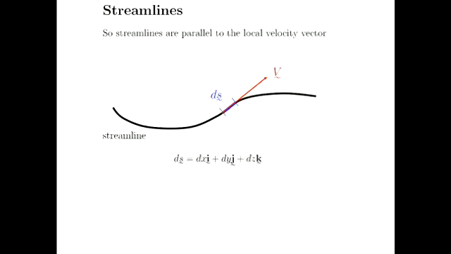So ds is just equal to dx i plus dy j plus dz k in three-dimensional space, and that capital V tilde vector is just u i plus v j plus w k in 3 dimensions, okay? So I know that ds and V are parallel to each other, or tangent to each other, so what vector operator should I use to prove this equation?